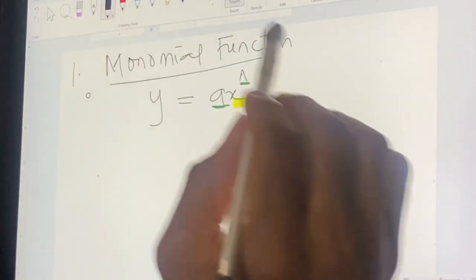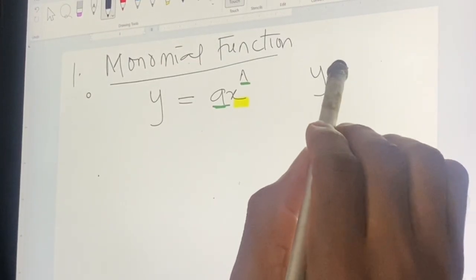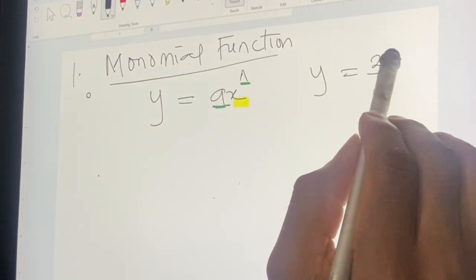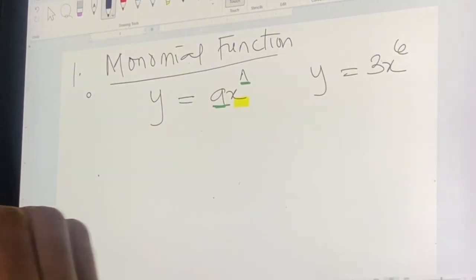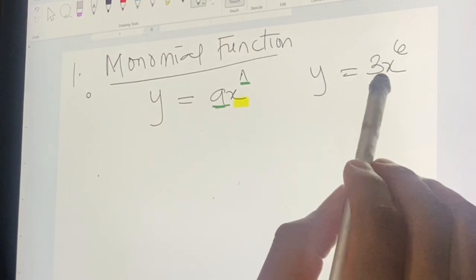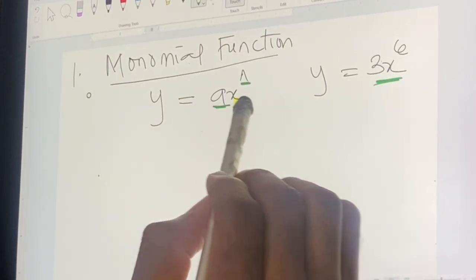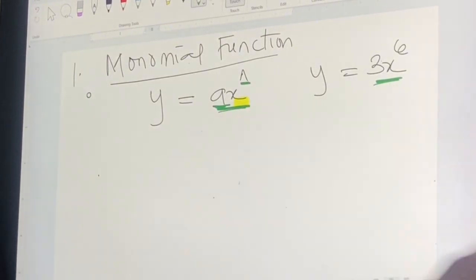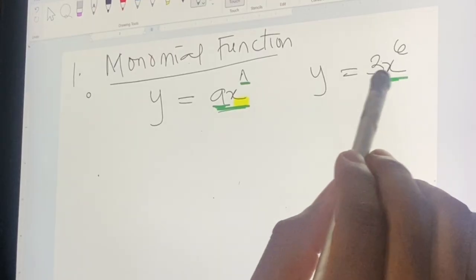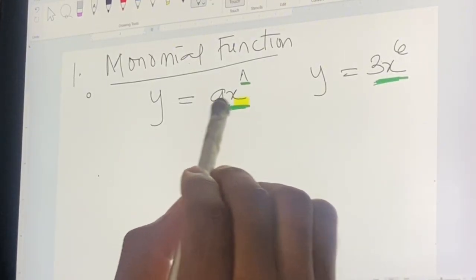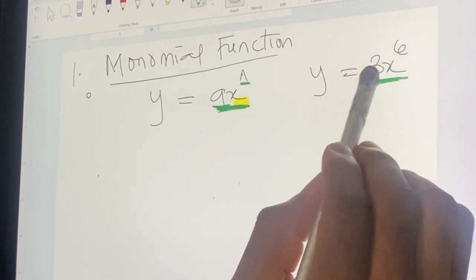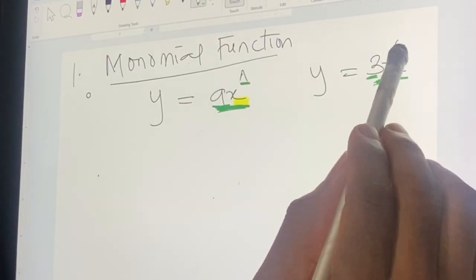So if I have something written in this form, y is equal to 3s raised to the power of 6, this equation takes the nature of this function, that is a digit, which is 3, a letter, and a power.